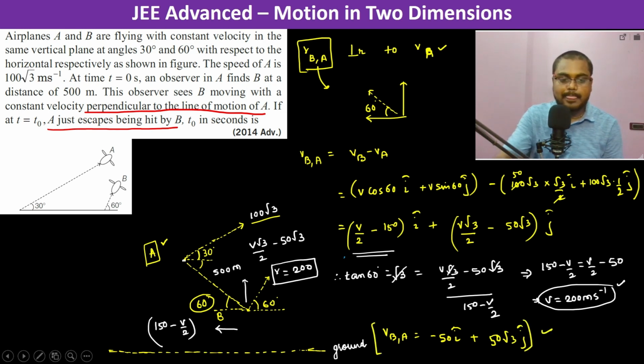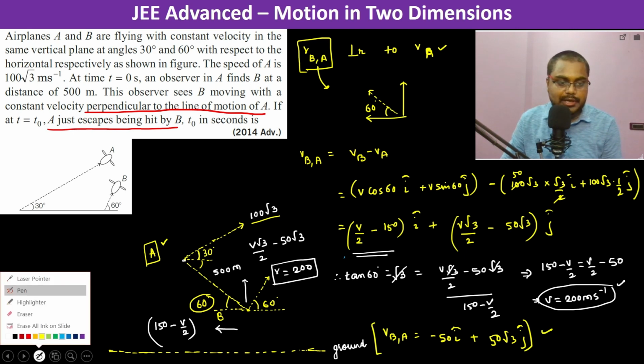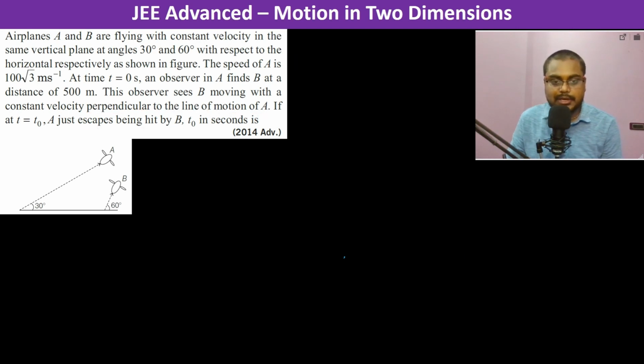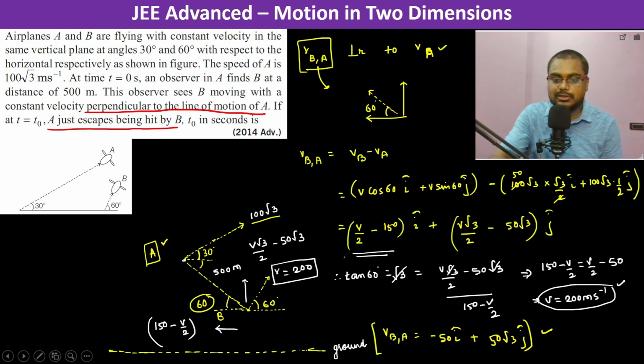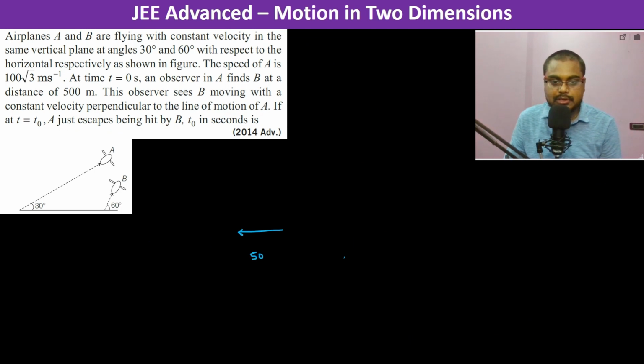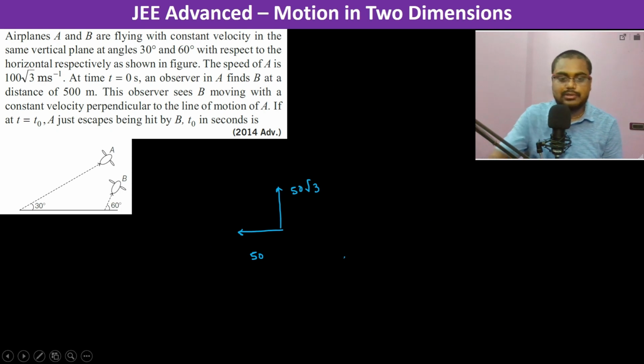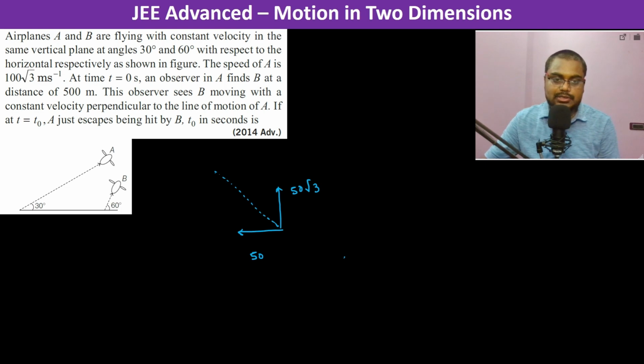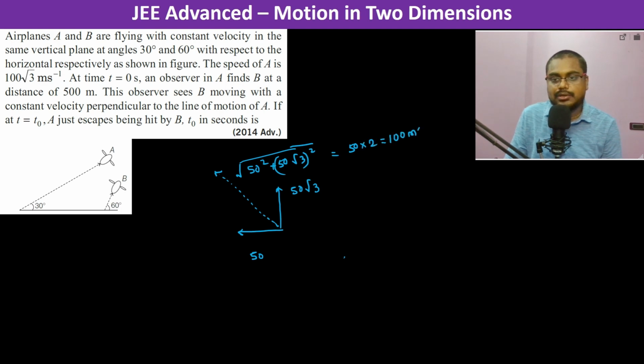Okay, so now it's going to be something like this. In this direction it's 50, and in this direction it is 50 root 3. So therefore the resultant is going to be root over 50 square plus (50 root 3) whole square, which is equal to 50 into 2, which is 100 meter per second.